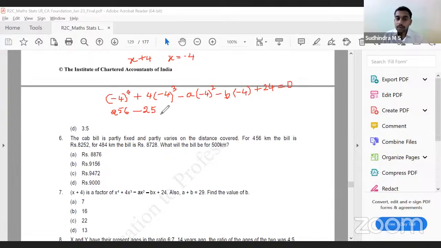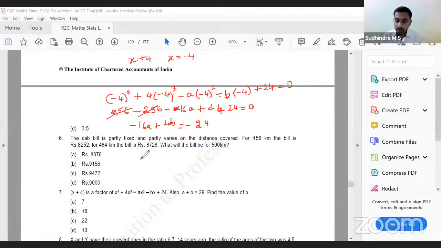Minus into 4 square is 16, so minus 16a plus 4b plus 24 is equal to 0. That is minus 16a plus 4b. 256 minus 256 gets cancelled, is equal to minus 24.